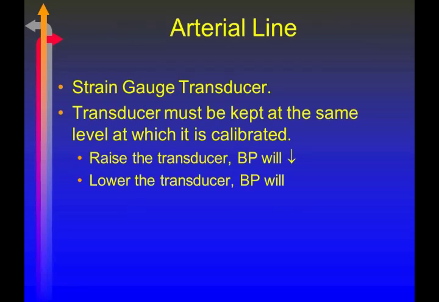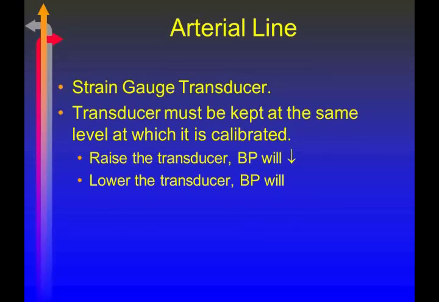We know that an arterial line is basically a strain gauge transducer. As the pressure in the vascular system changes, it changes the pressure placed upon that strain gauge, which then changes the resistance of the electrical current flowing through it. The transducer always has to be calibrated at the level of the heart.